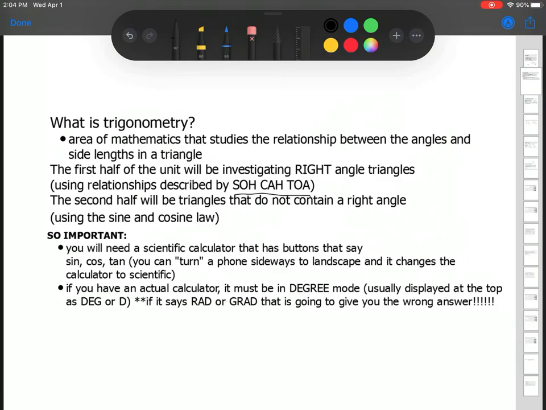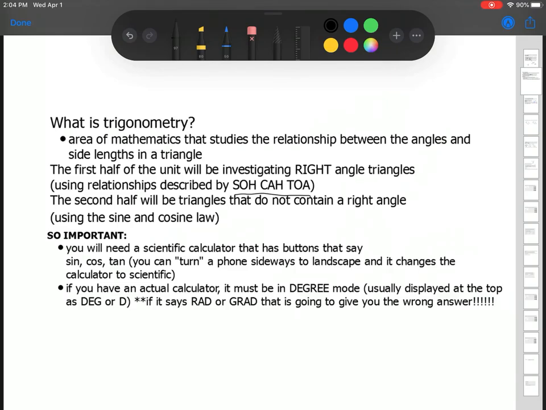So it's just some housekeeping. You are going to need a scientific calculator that has buttons that say sine, cos, and tan. You can use a phone, as you know. Obviously, if we eventually get to formal assessments, not like in class, like if we go back to school, you will not be able to use your phone. So I don't recommend that you use your phone.